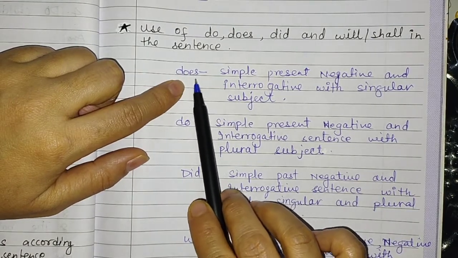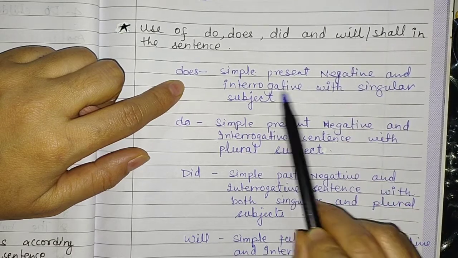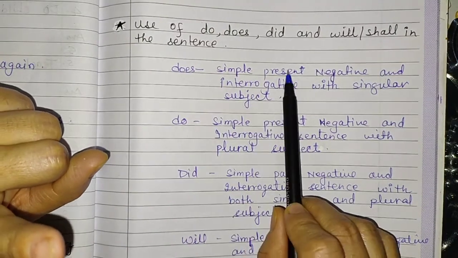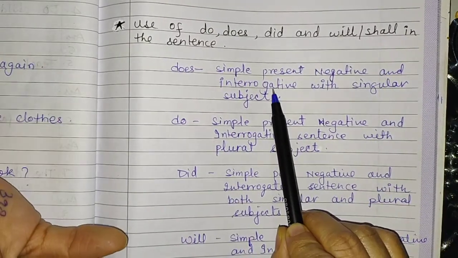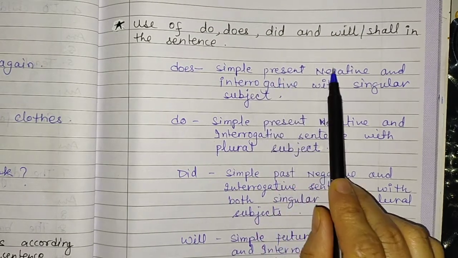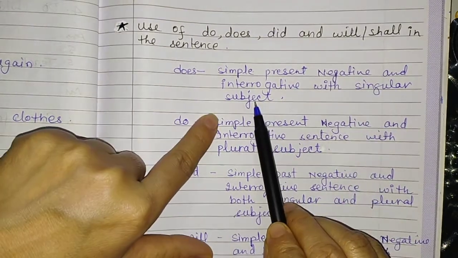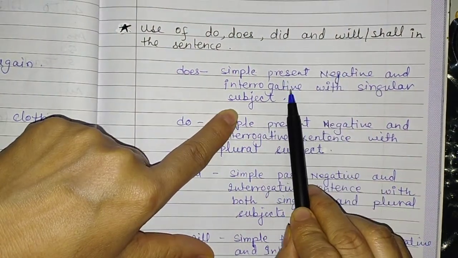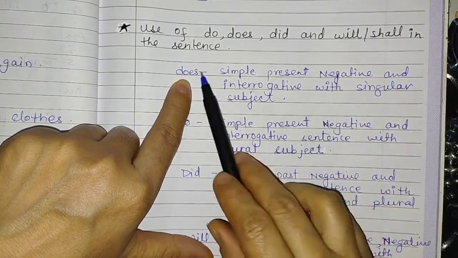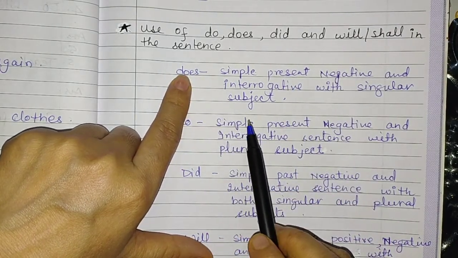We use does in simple present negative and interrogative sentences with a singular subject. The difference is, for negative we use does not, and for interrogative does is used before the subject.